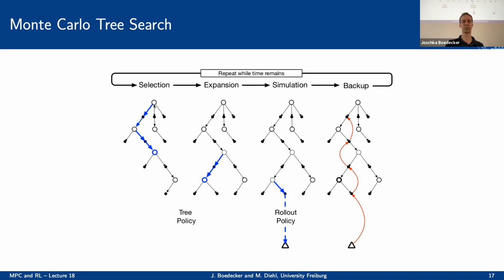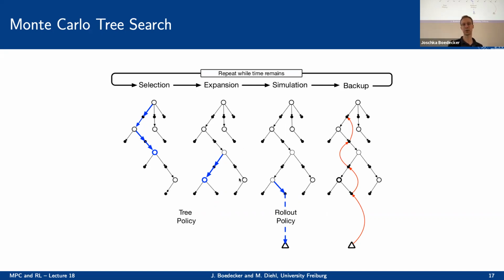So by these steps, we slowly build up our tree or parts of the tree. We don't need to generate a whole tree. This is more like, step by step, you build parts of the tree from a given node that you're interested in. And then you use your model to first traverse the tree in some promising way with your tree policy.